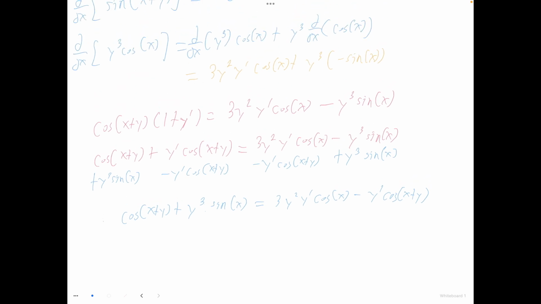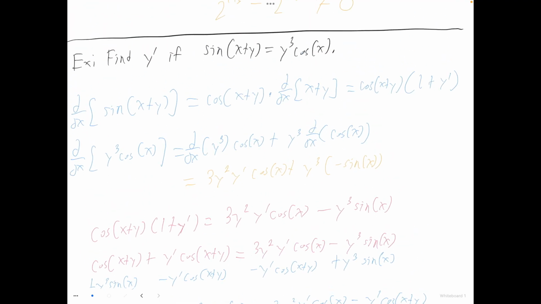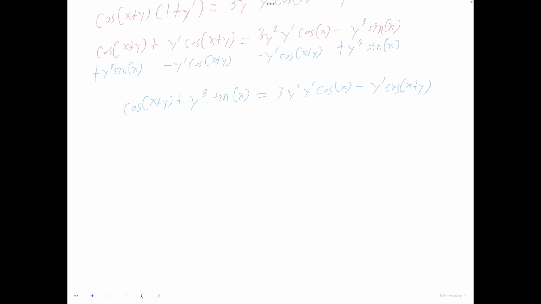And so this is then what we have got. And so from here, then, we need to factor out our y prime. So cosine of (x plus y) plus y cubed sine of x equals y prime times (3y squared cosine of x minus cosine of (x plus y)).